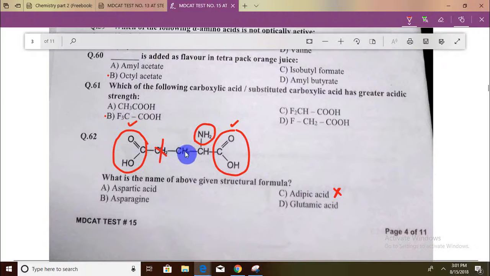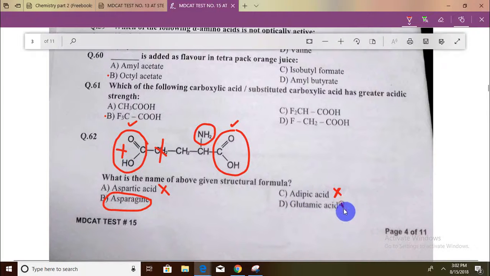We just have a CH2 with a C double bond O OH attachment. This is wrong. Asparagine is not acidic, so it has just one of these, and you don't even have to consider it.